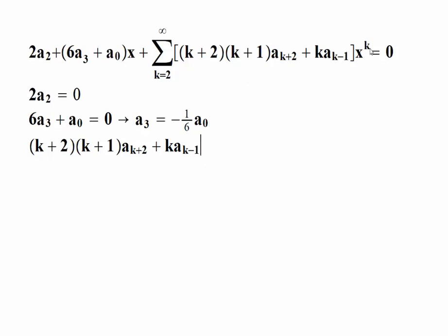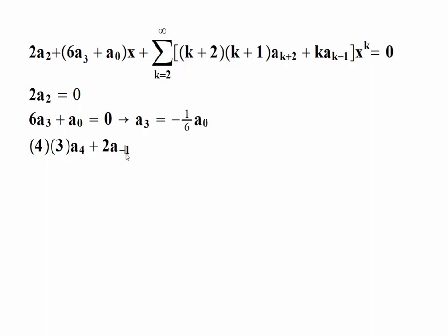Now here we are going to start with x squared. So here k will be 2. So k will be 2 means what? This is going to be 4, right? Times k is 2 means this is 3. So we have 3 here, and k equals 2 means this sum will be 4, okay. Now here we have k equals 2, and 2 minus 1 would be 1.